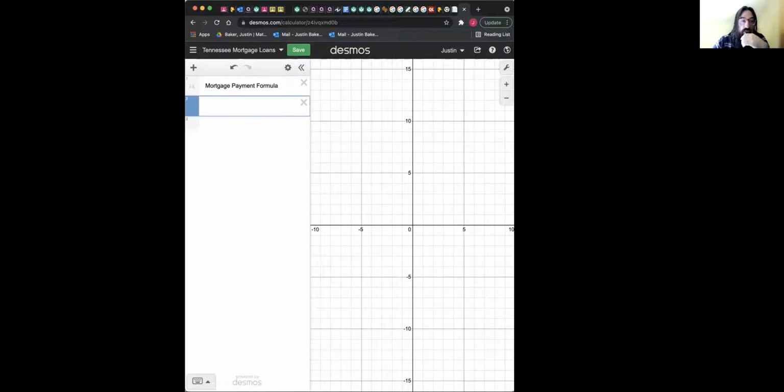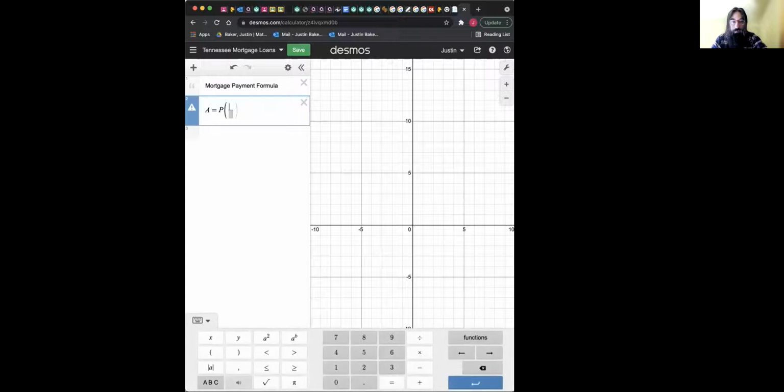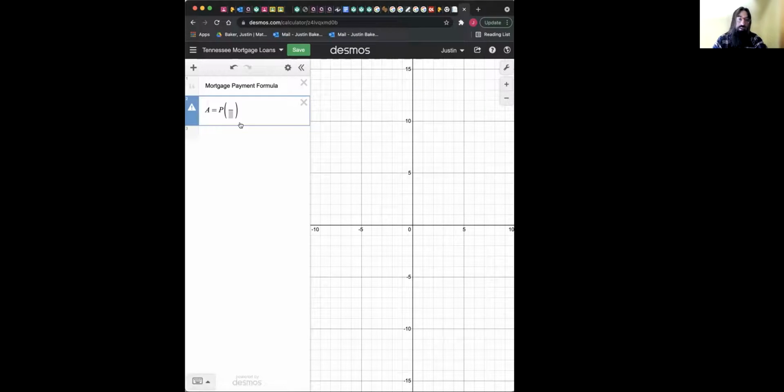And down here, we're going to start typing in that formula that is on page 64. You can literally pause and copy it, but I'm going to type it exactly how I want you to type it. I'm going to hit the slash button, or you can find the divide sign, and it'll give you a fraction.